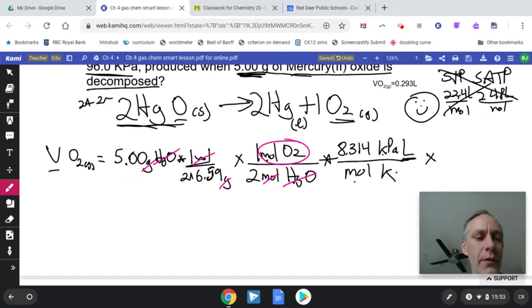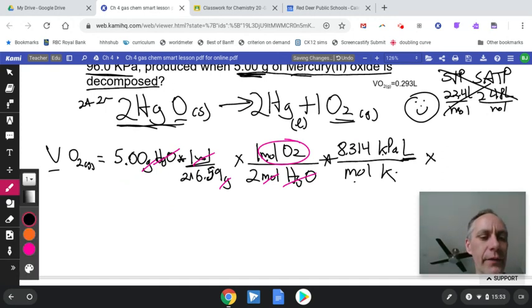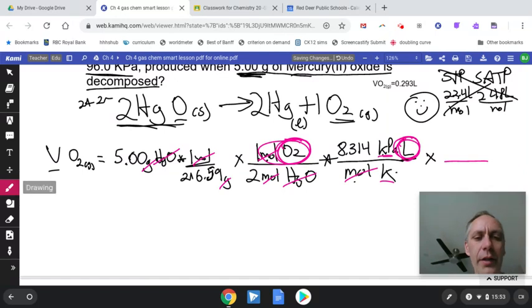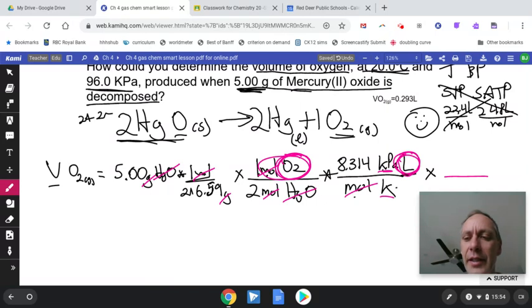Okay, so what cancels out now? Let's see. Moles cancels out. I want liters of oxygen. Okay, there's what I want. So I need to get rid of kPa and Kelvin. Those are my last two steps. kPa is right here, 96 kilopascals.